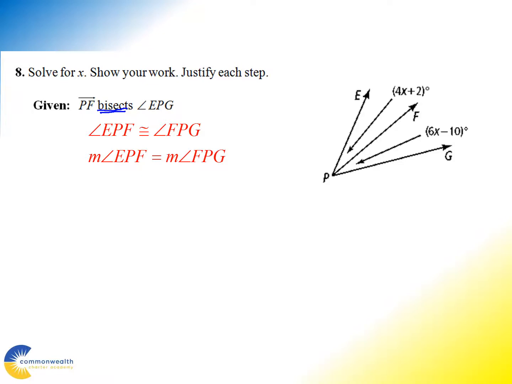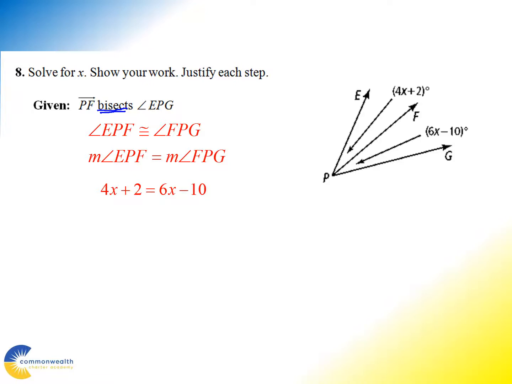So I know that angle EPF is congruent to angle FPG, which means their measurements are equal to each other. Since 4x plus 2 and 6x minus 10 were given as the measurements for those two, I would substitute those in. So there's my equation that I'm asked to solve.